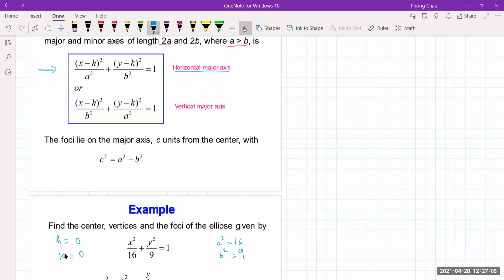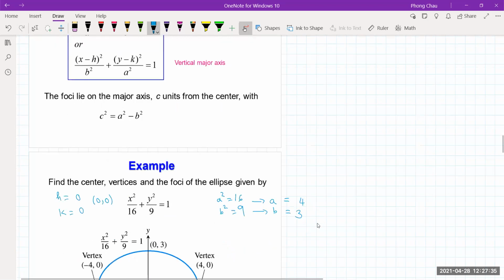When you find h and k are 0 and 0, that gives you the location of the center, which is at the origin. For a squared and b squared, you can solve for a and b easily. It's 4 and 3.